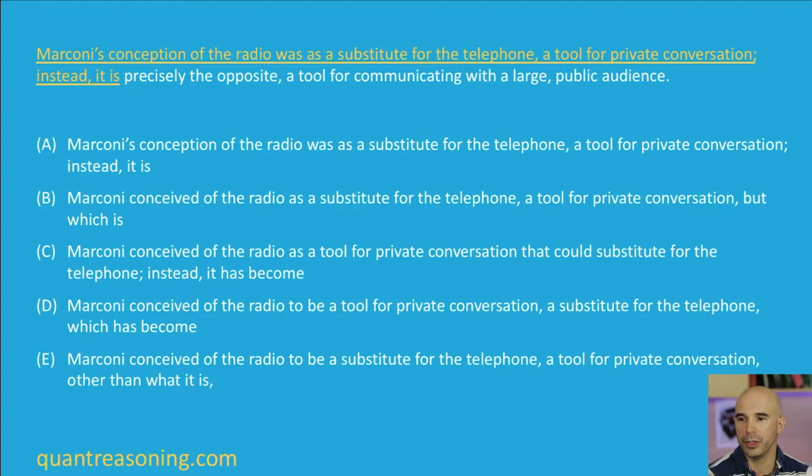B says, "Marconi conceived of the radio as a substitute for the telephone, a tool for private conversation, but which is precisely the opposite." So we have "which" talking about what in answer choice B?